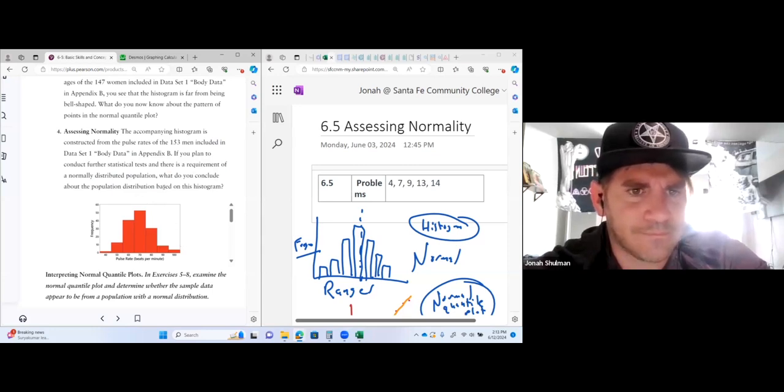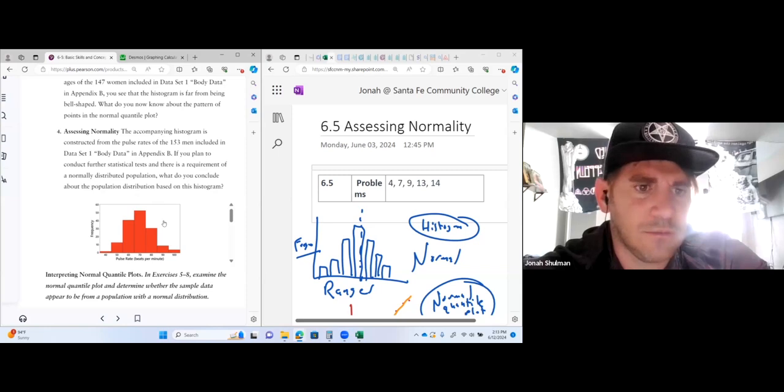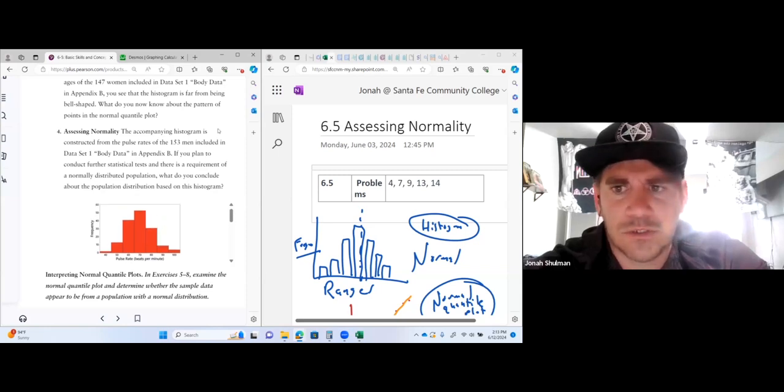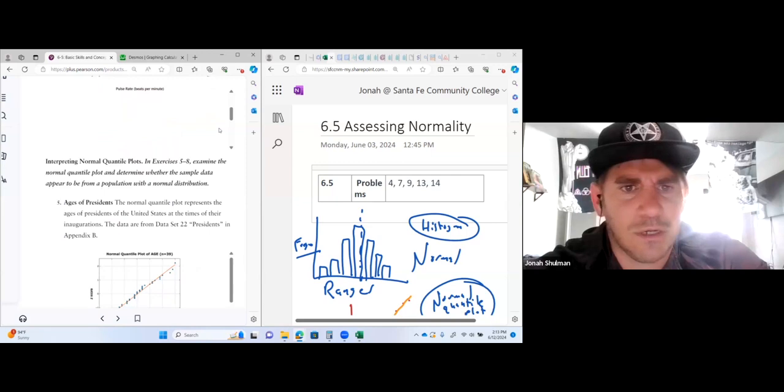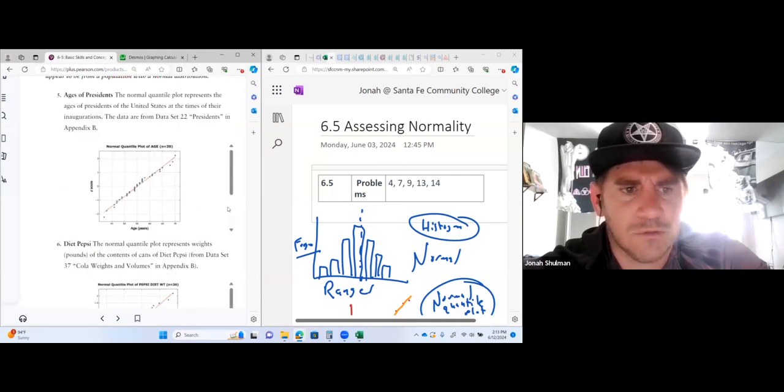Just based on the histogram, you can say it's slightly one way or the other, but I think we'd be able to assess normality. If you plan to conduct further statistical tests and there's a requirement of normality, what do you conclude? I think we can say this is normal. That's just me. If you want, please go deeper here and really think about it more. I'm going to do more of the hands-on ones.